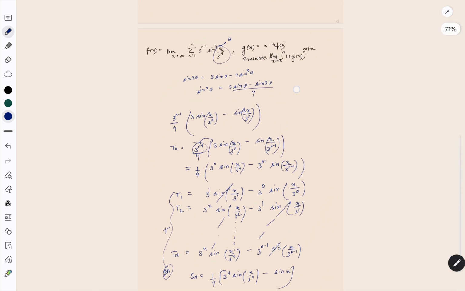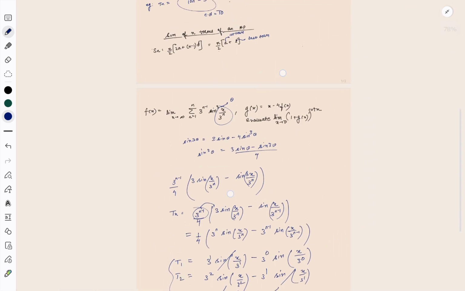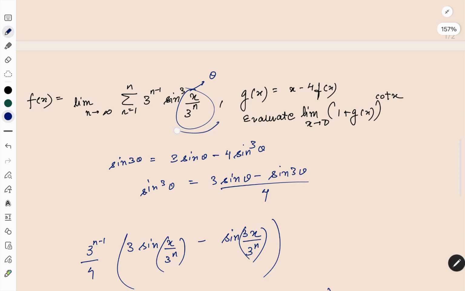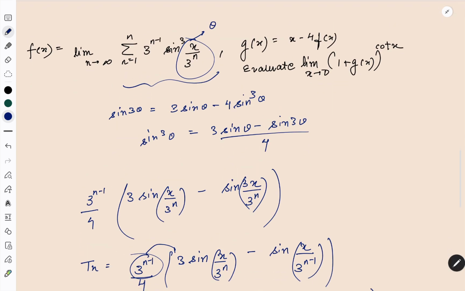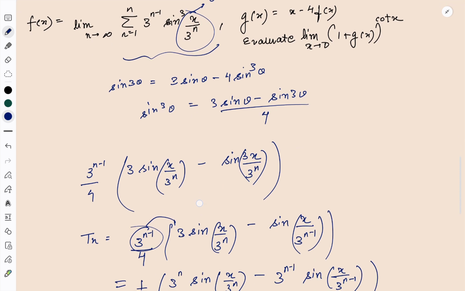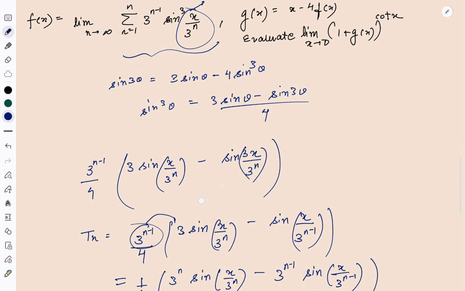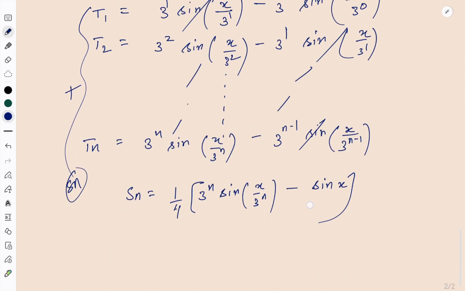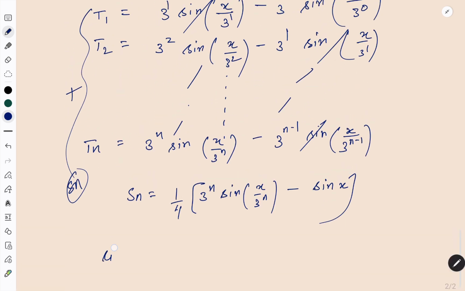I gotta solve it further. Let's see what more was given in this question. I think we have solved this much part of the question. I gotta put the limit outside the expression we have just evolved. So limit n tending to infinity.